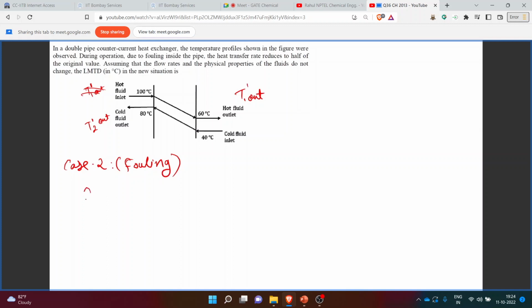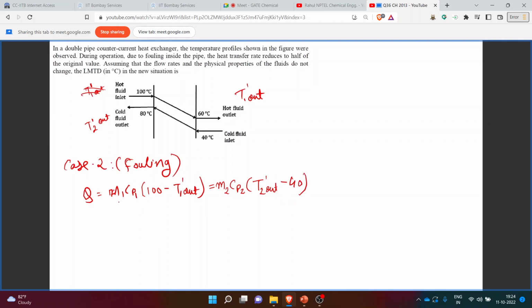Now for case 2, similarly we can write Q is equal to M1 Cp1 times 100 minus T1 dash out, this being the hot fluid. Similarly, we will have M2 Cp2 times, for the cold fluid, T2 dash out minus 40.